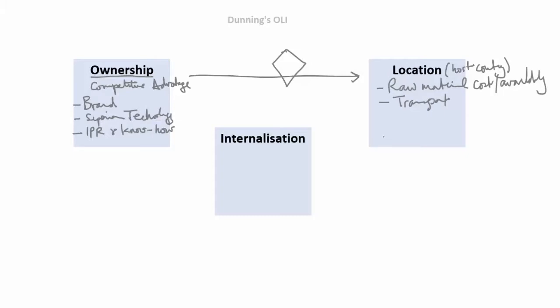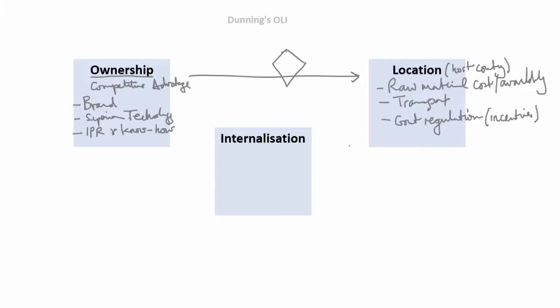It may include things like an educated population. It all depends on what our advantages are and how those fit with the location. And lastly, and critically in international business, it's also around government regulations. What are the politics in that location? And often this is around incentives.